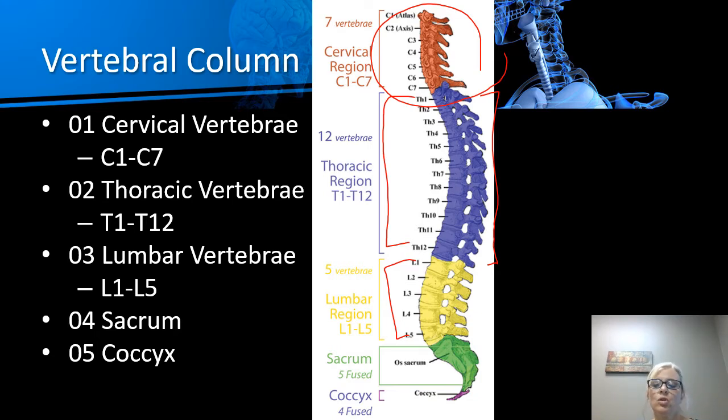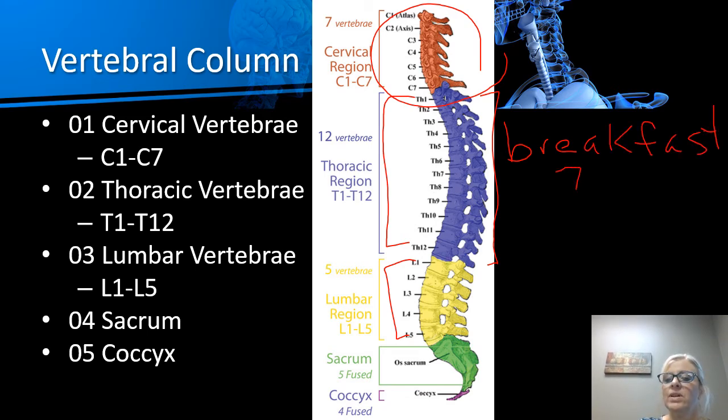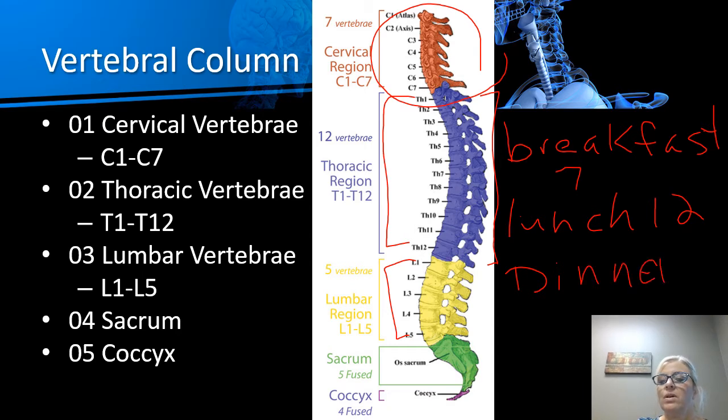So there is a really good way to remember how many there are of each type, and that is going to be: breakfast is at 7, lunch is at 12, and dinner is at 5. All right, so that's one way you can remember those, okay?